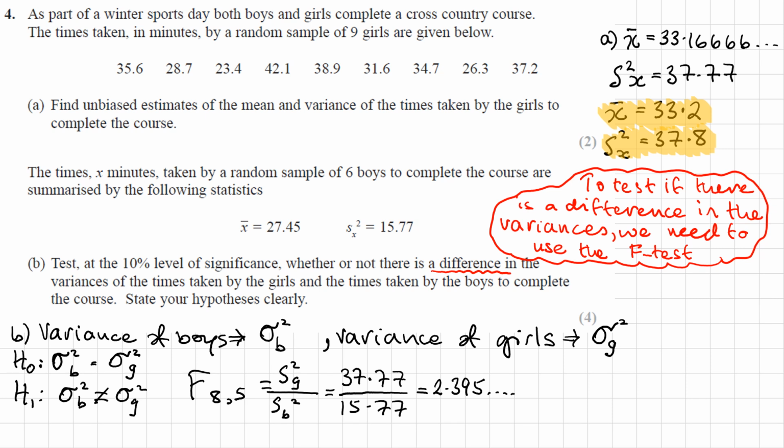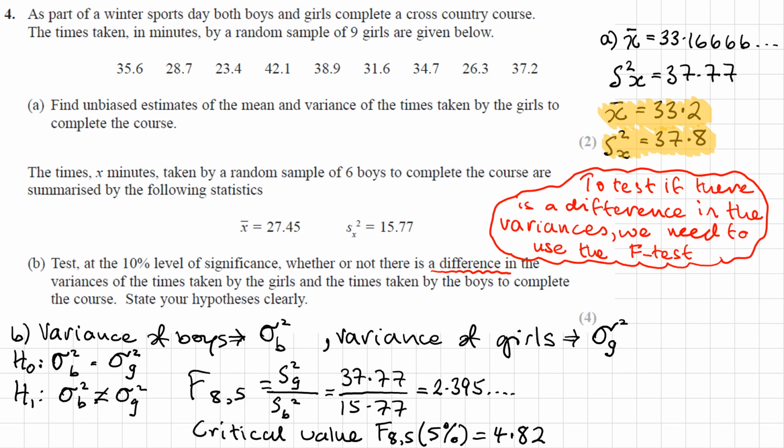Now I'm going to look up the critical value, and this is going to be the F distribution table, and I look for the 8 and 5 degrees of freedom. Now, since this is a not equal to null hypothesis, this is a two-tailed test, so 10% we split in half, so I'm looking for the 5% value, and that gives me 4.82.